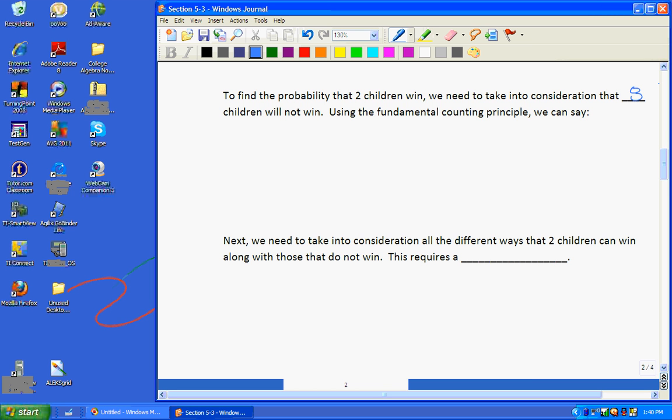So if we think of this using the fundamental counting principle that we talked about in Chapter 4, think of having 10 slots. So let's say the first 2 kids win. What's the probability that each one wins? 0.2. Well, the next 8 kids will not win, and the probability that they will not win, if we do 1 minus 0.2, is 0.8.